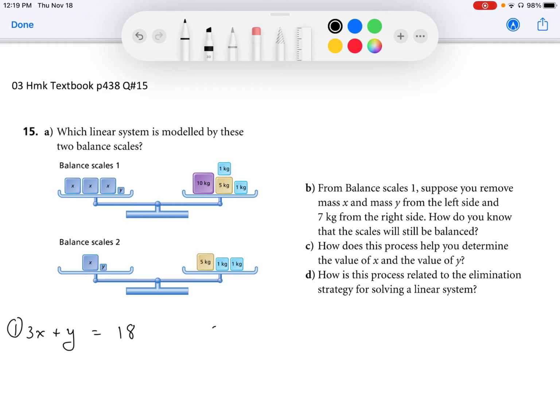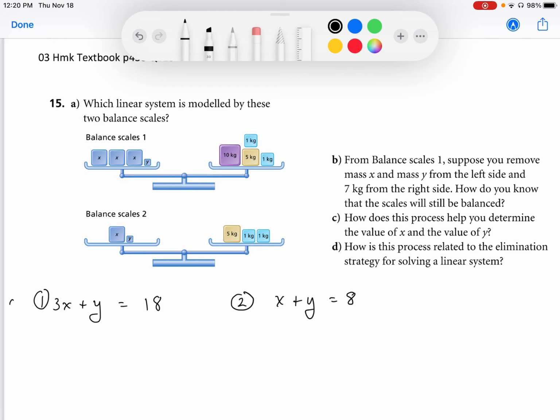Okay, so that could be one equation, and we can model balance 2 with 1x plus 1y is balancing 8 kilograms. So that is part A. Those two equations represent the two balance scales.